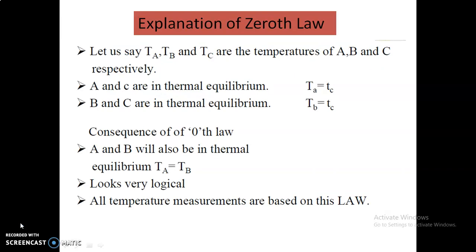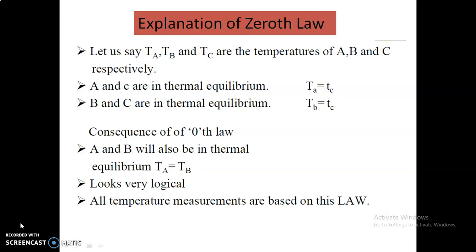Now, explanation of the zeroth law. Let us say TA, TB and TC are the temperatures of systems A, B and C respectively. A and C are in thermal equilibrium, therefore TA is equal to TC. B and C are in thermal equilibrium, so TB is equal to TC.